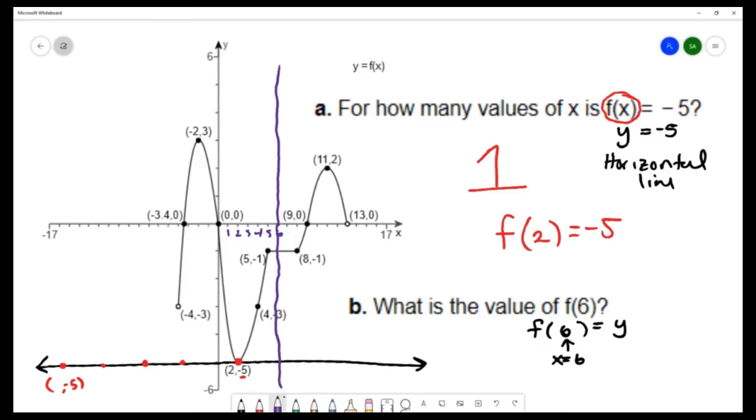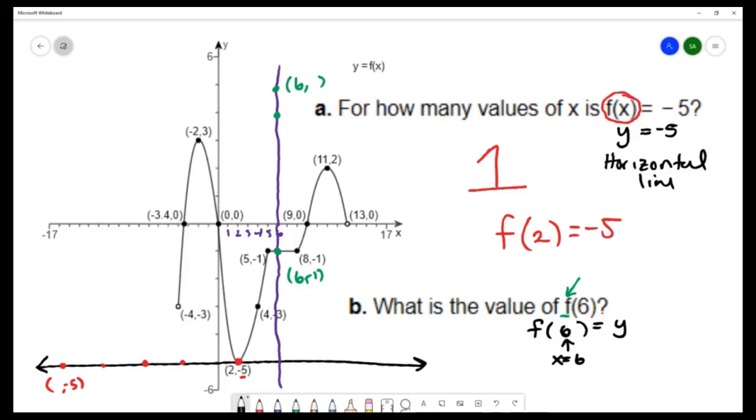This vertical line represents all of the ordered pairs that have an x-coordinate of 6. But we're really only interested in the ones on the graph in f of 6. So we only have one that's on the graph here. That ordered pair is 6, negative 1.